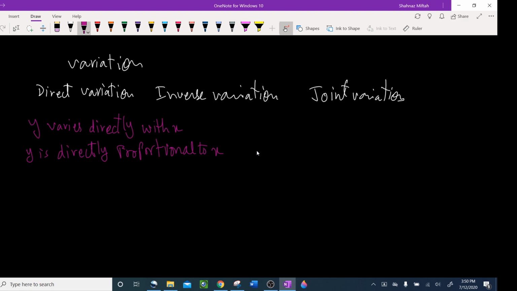So k is a non-zero number, it's a constant. The formula that we use for direct variation is y equals kx. So this k is a non-zero constant of proportionality. So k is called the constant of proportionality.